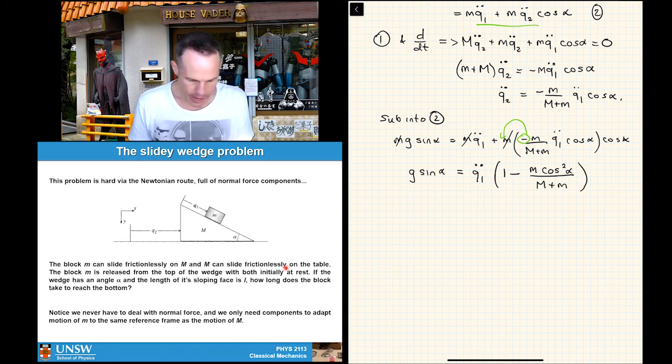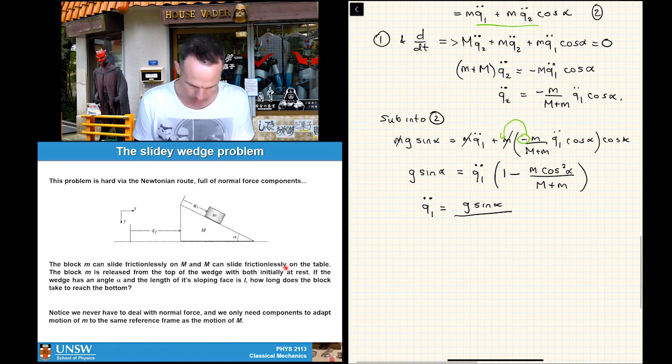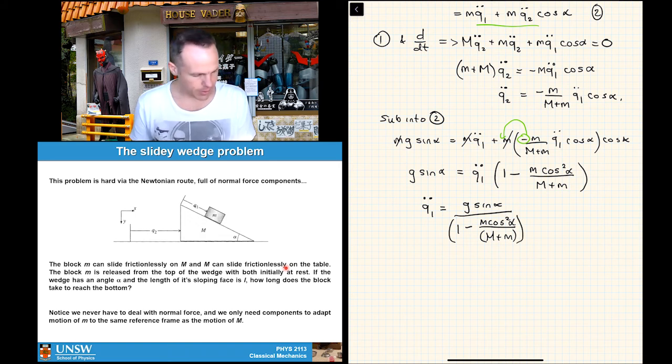Okay, and what we're interested in is Q1 double dot, right? So now we need to kind of flip this equation around. So Q1 double dot is equal to g sin alpha on a big fat fraction here, 1 minus m cos squared alpha on big M plus little m. Let's put this in brackets here.